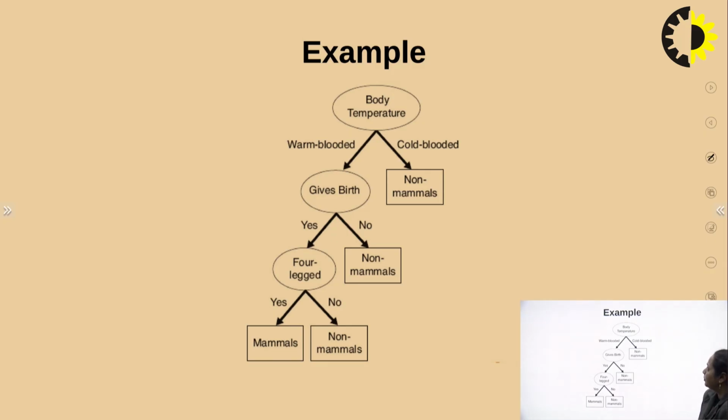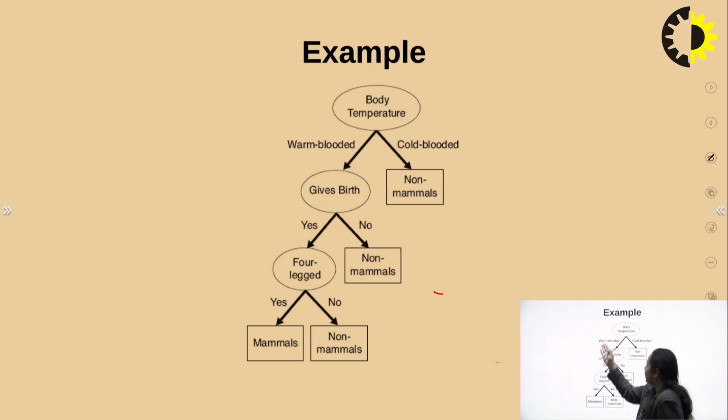Take another example. In body temperature, we have two things, either warm blood or cold blood. Based upon the body temperature, we can categorize warm blooded or cold blooded. If cold blooded, it means these are non-mammals. So the decision is that a body which has cold blood is a non-mammal.